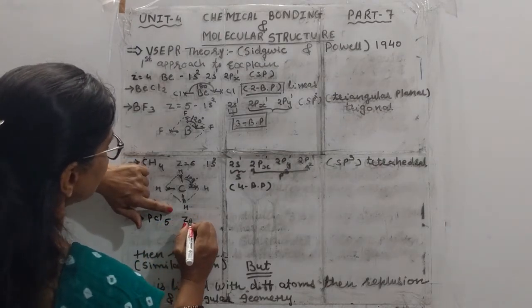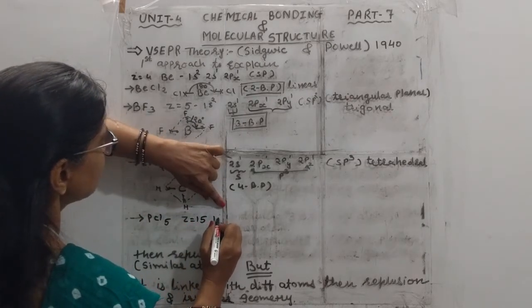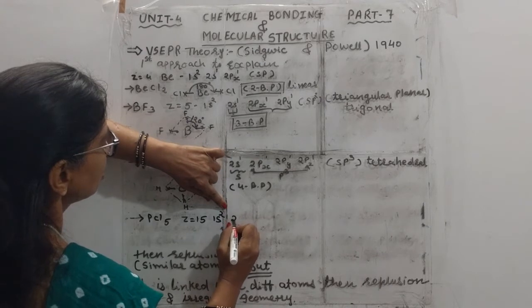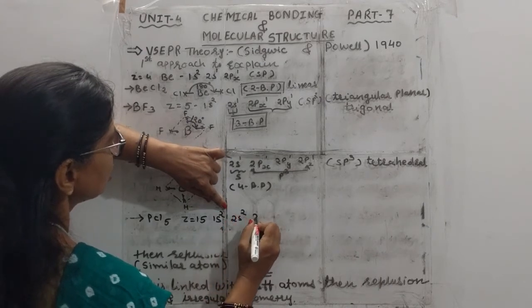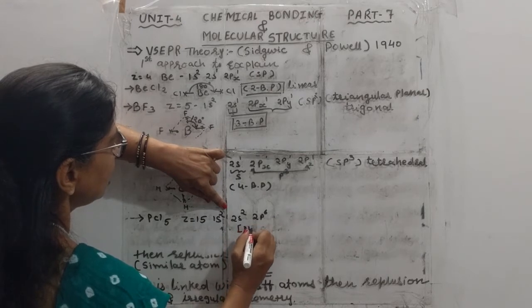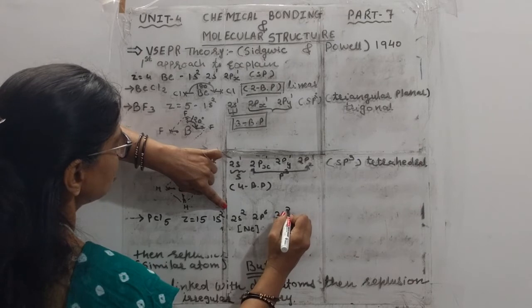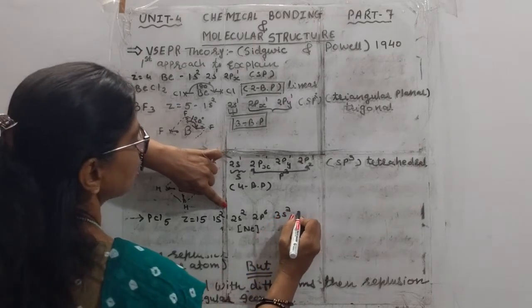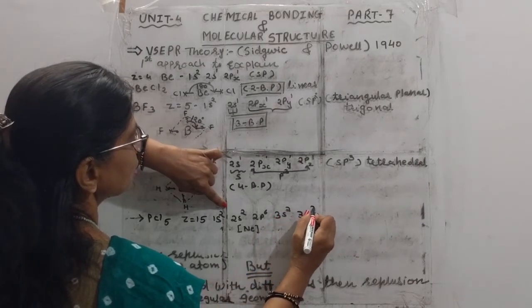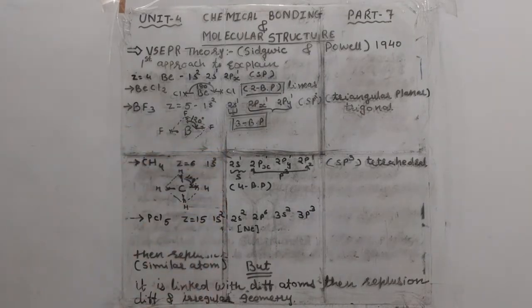So Z is equal to 15. Here we'll write 1s2, 2s2, 2p6, or we can write neon 3s2, 3p3.